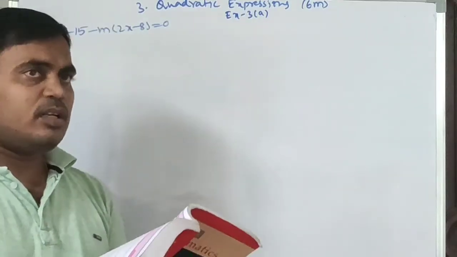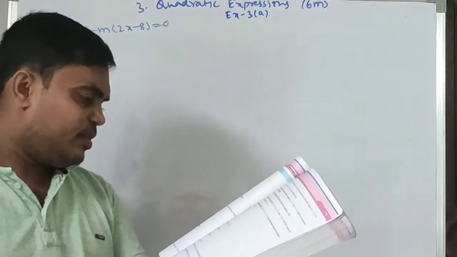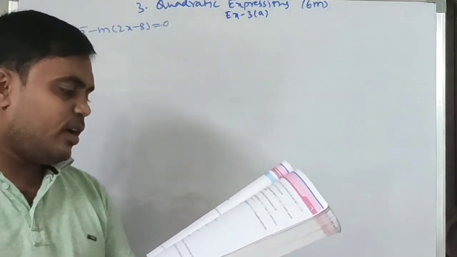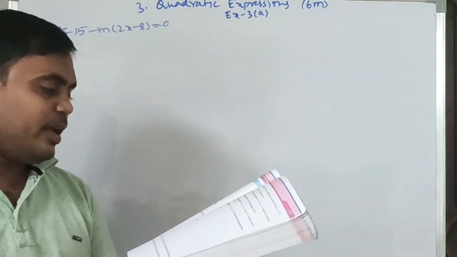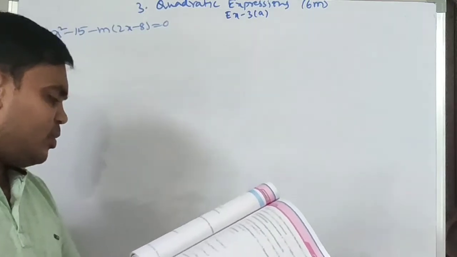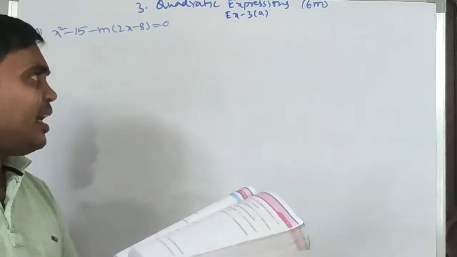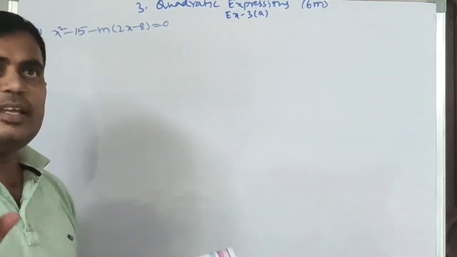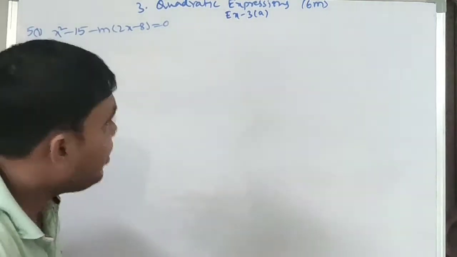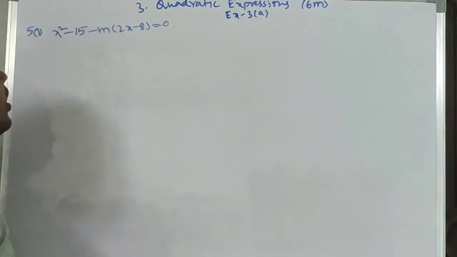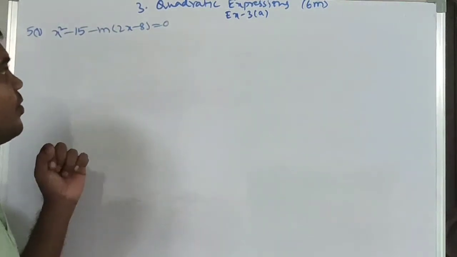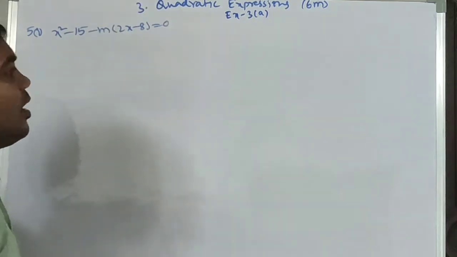Okay, next question. Fifth, find the values of m for which the following equations have equal roots. So in this question, the quadratic equation containing equal roots, we need to find out the value of m. If we observe this question, this is the quadratic equation containing equal roots, and we need to find the unknown m value.